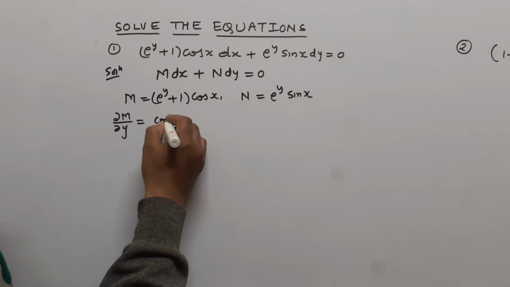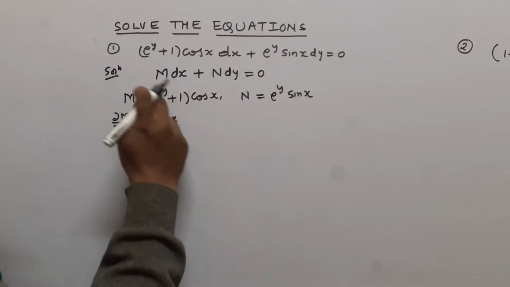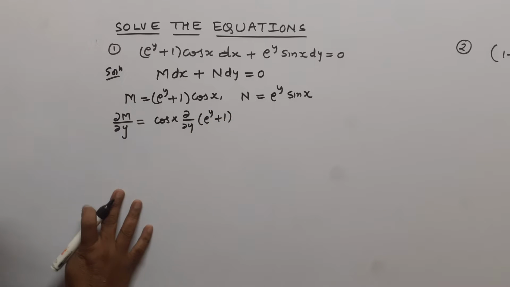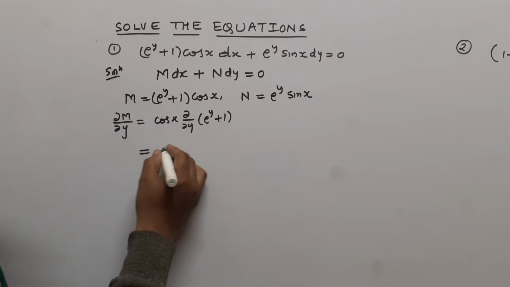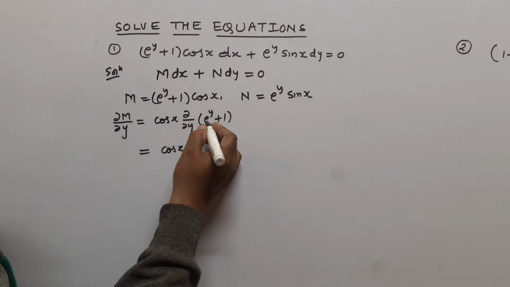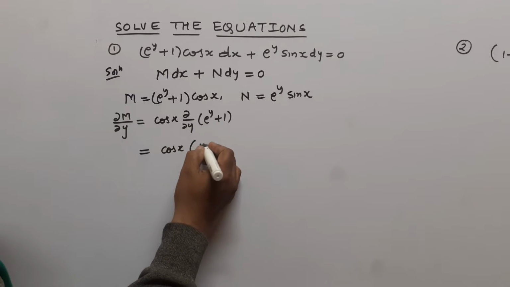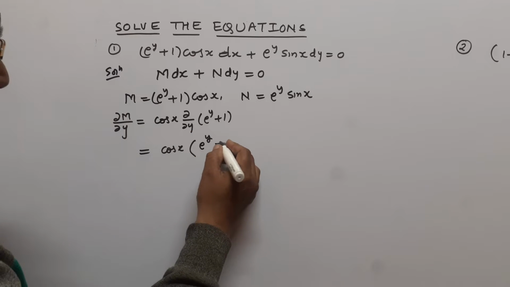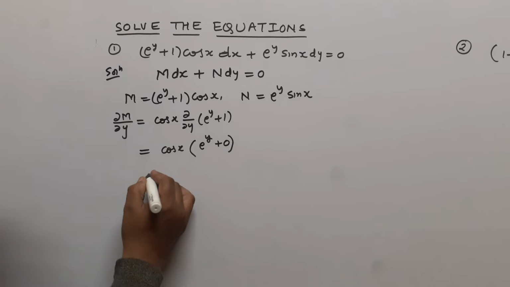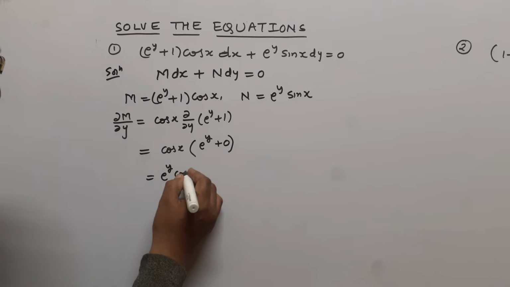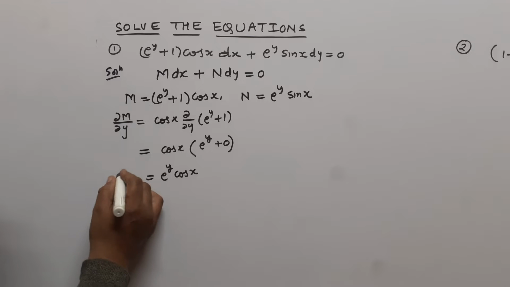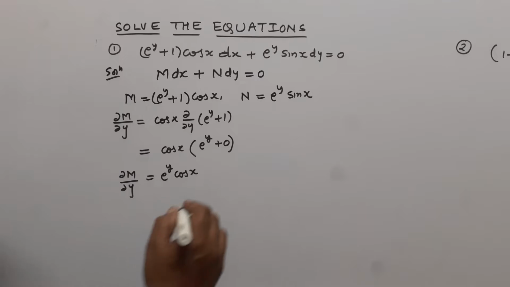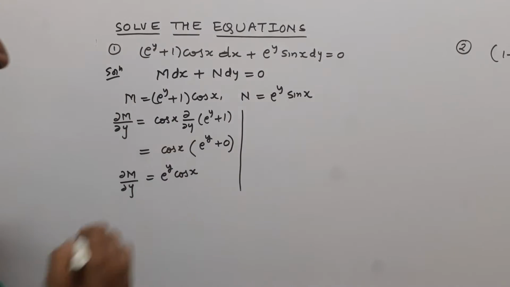So here cos x is constant, and when we differentiate del by del y of e to the power y plus 1, now this is cos x, and differentiation of e to the power y with respect to y is e to the power y, and differentiation of 1 with respect to y is 0 because 1 is constant. So it can be written as e to the power y multiplied by cos x. So del M by del y is equal to e to the power y multiplied by cos x.